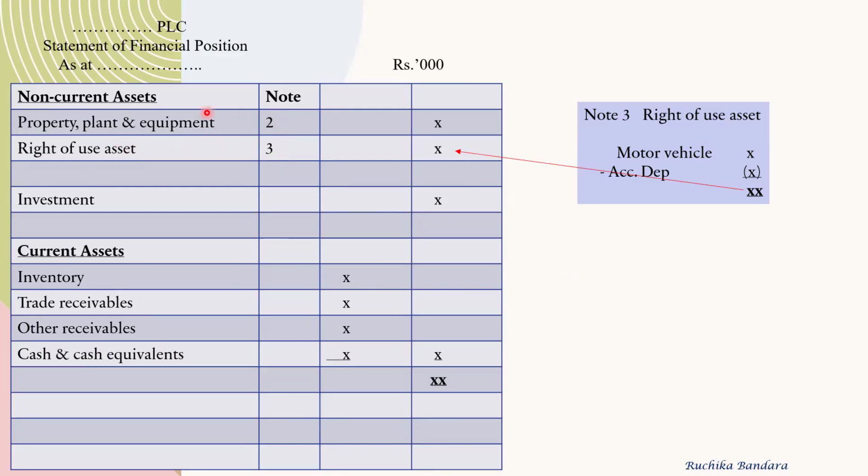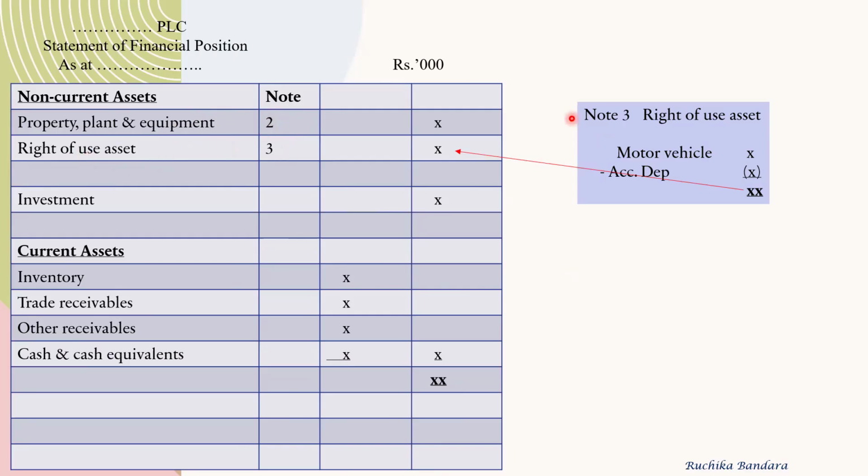What is the difference between property, plant, and equipment and the right of use? Property, plant, and equipment is the assets that are owned by you. But right of use asset means if you have taken anything on lease, that is right of use. You have the right to use it, but it is not owned by you. So that right of use asset is a note.